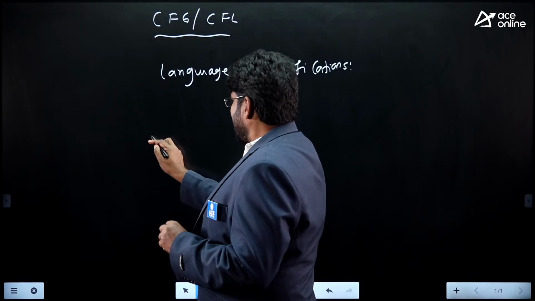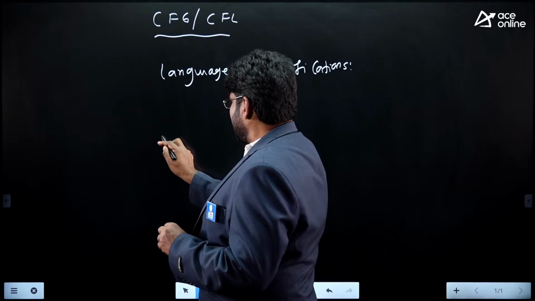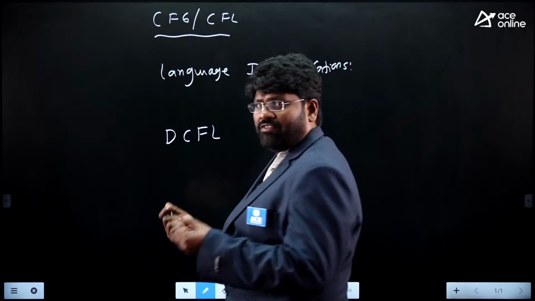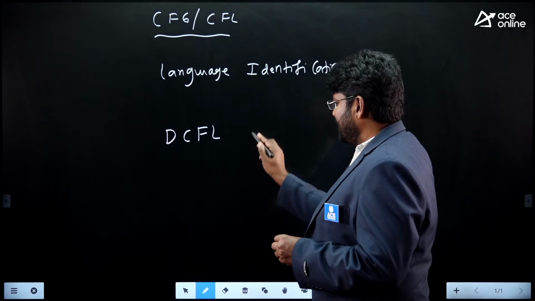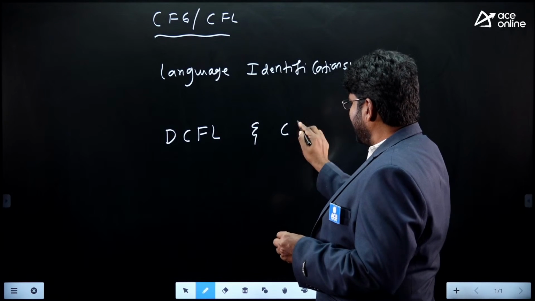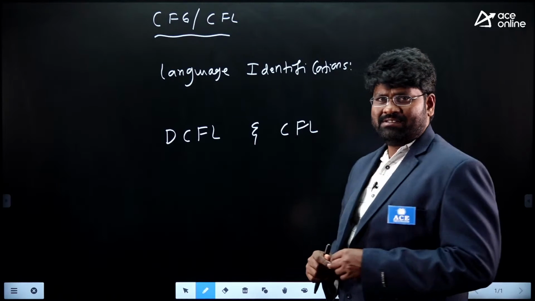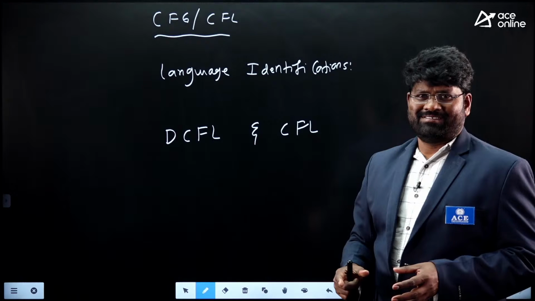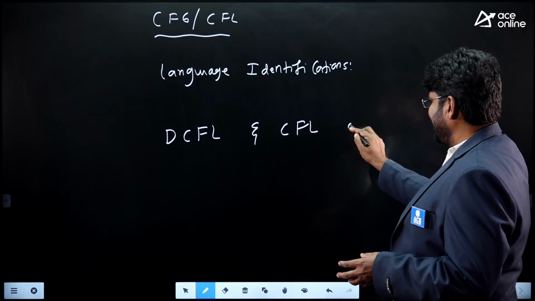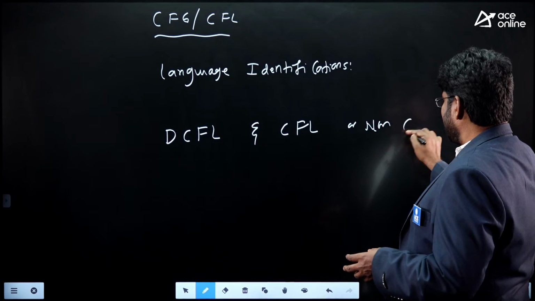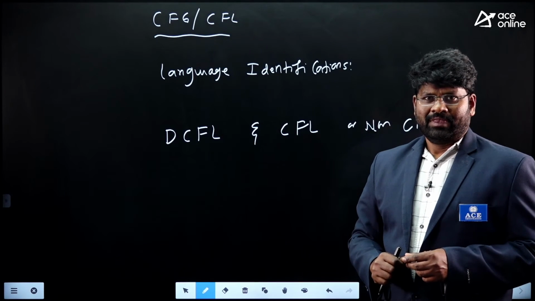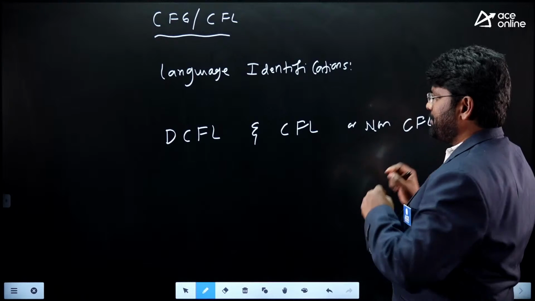And you also must differentiate what kind of languages will fall into the category of DCFLs and what the languages fall into the category of CFLs. Also you have to find it here, what are the non-CFLs? That's very, very important. So you have to be good at this topic.